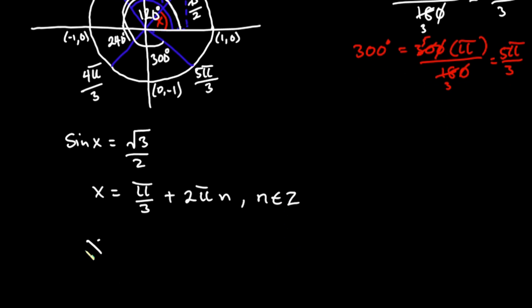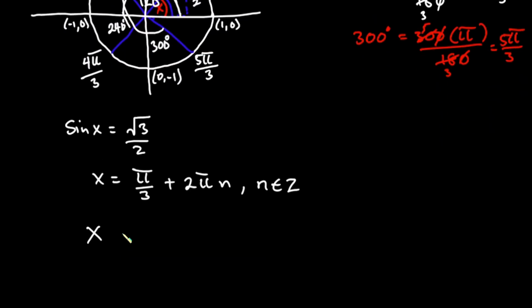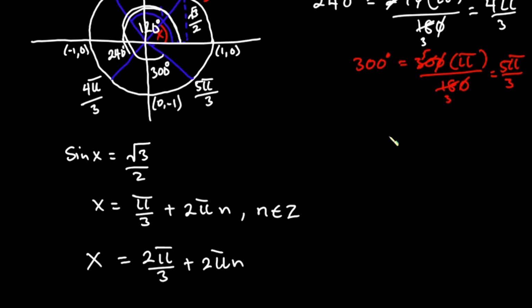Then another value for x, from this part, we're going to have x is equal to 2 pi over 3 plus 2 pi n, where n is also an integer. Now let's go ahead and find the values of x when sine x is equal to negative root 3 over 2. That is the semicircle below the x-axis, right?